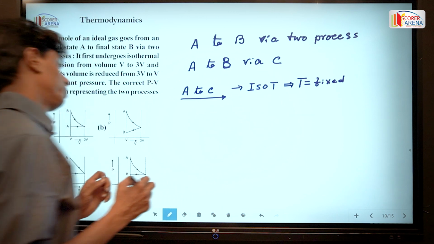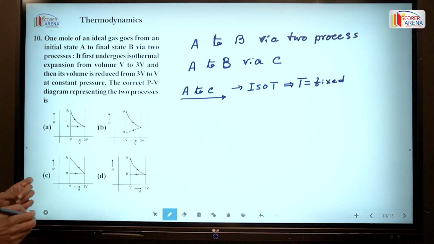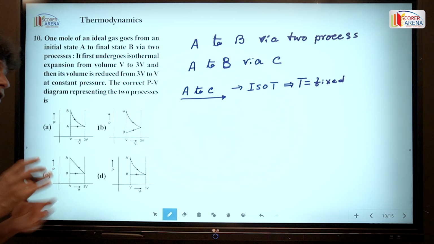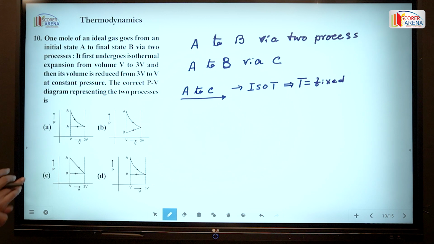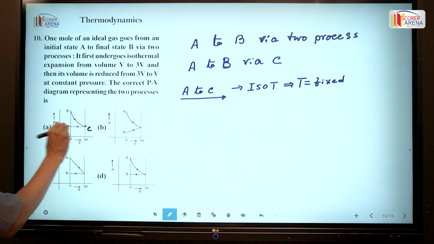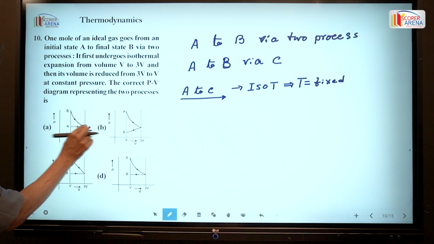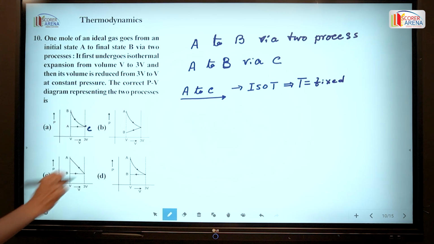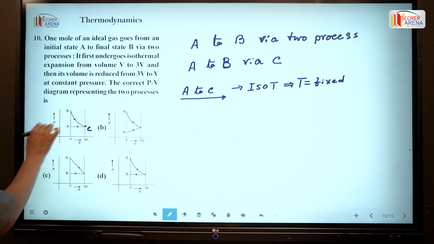First, you know the process is isothermal, so the graphical variation of PV is hyperbolic. So if we first check the isothermal process in option A, if this point is C, then A to C represents an isobaric process, because pressure is constant at any point. So option A is not correct.